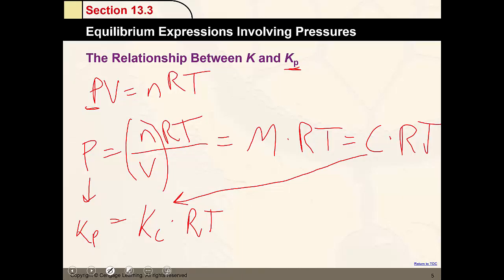Or we could rearrange that and solve for Kc, where that would be Kp over RT.